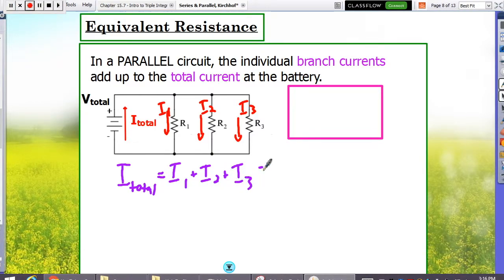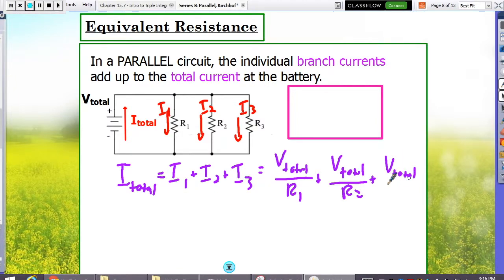But I happen to know what I1 and I2 and I3 are. I happen to know that I1 is just going to be, well, they all get the same voltage. So this is really just going to be V total divided by R1 plus V total over R2 plus V total over R3.